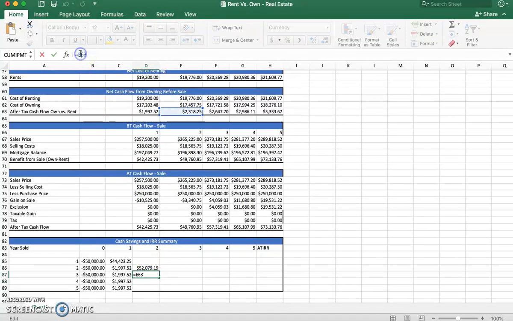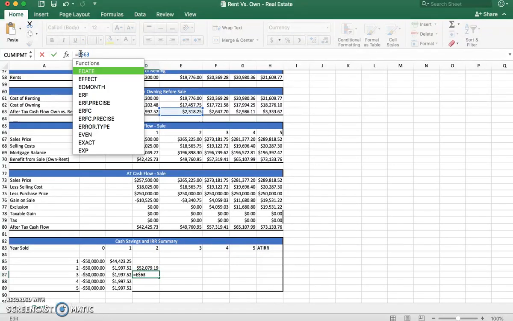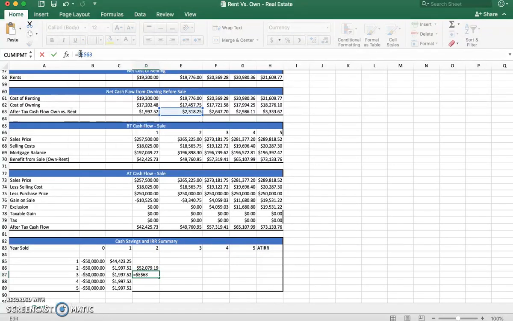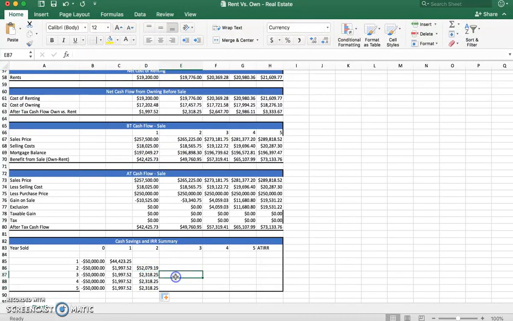Let's go in and lock it up. Perfect. Alright, year 3 is going to be, sorry, I meant to do this number right here actually.